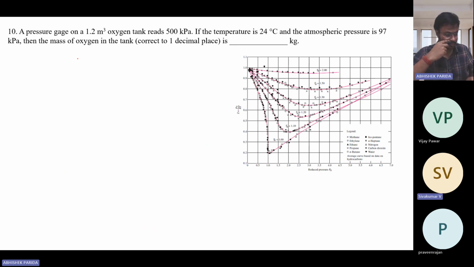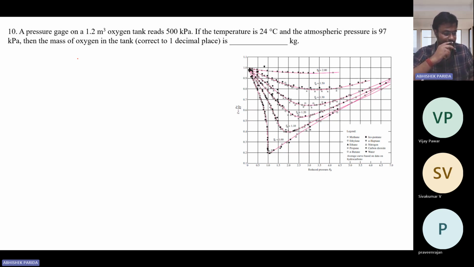Your gauge pressure as well as atmospheric pressure is mentioned. Total pressure is equal to gauge pressure plus atmosphere. That one will come later. You just tell me how to start.